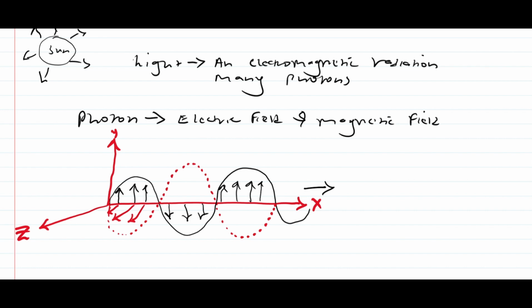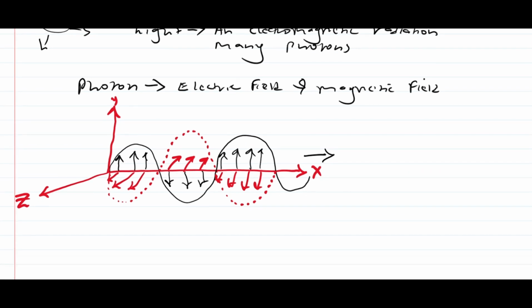Now these ones will move like that, like that, like that. So this is a demonstration of the perpendicularness of the magnetic and electric field as a property of light.